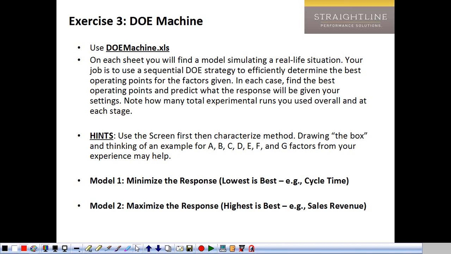So the idea is not only to find what factors are significant, but to find the actual thing that gives you the best response. Okay? And predict what response will be given your settings. You might want to use a screen first and then a characterize method, okay?